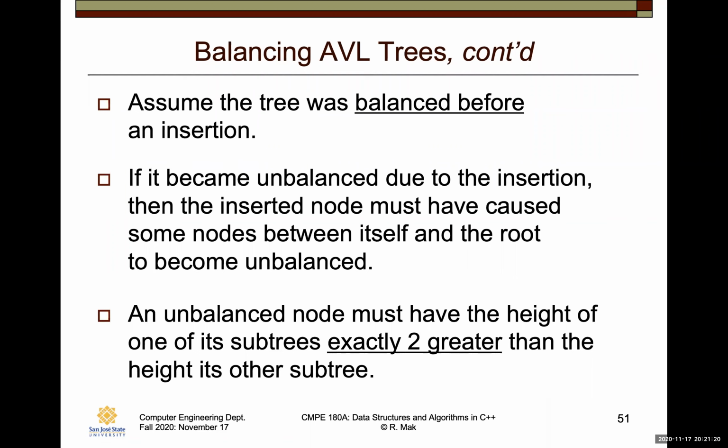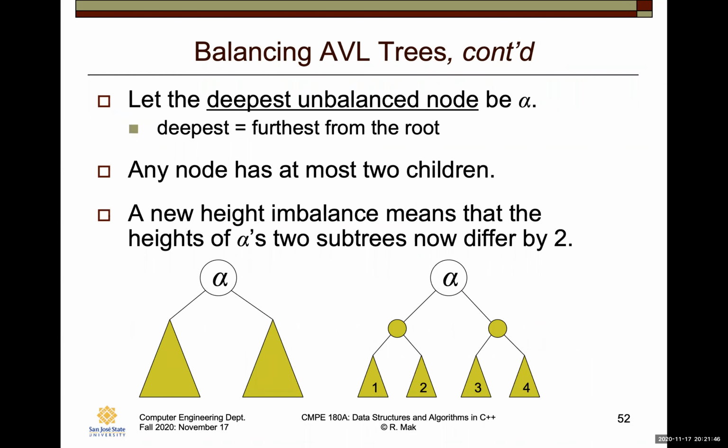Because the node was balanced to begin with, and if after inserting one node it became unbalanced, one of its subtrees has a height that is 2 greater than the other. So we have to find that node that is unbalanced, and then do something to rebalance that node.